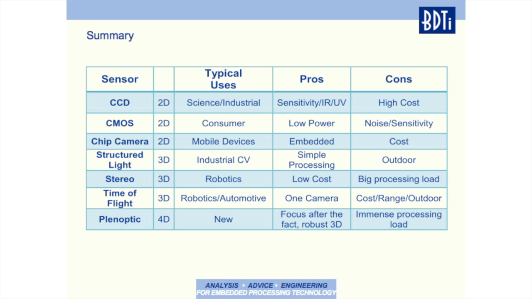I'll start off with 2D first. We went over CCD and CMOS and these chip cams. CCDs typically are used in scientific and industrial settings because they're higher cost, but they do give a better picture. They're more sensitive, and the noise profile is more uniform, versus CMOS, which are cheaper, but more sensitive to noise. But they do consume less power.